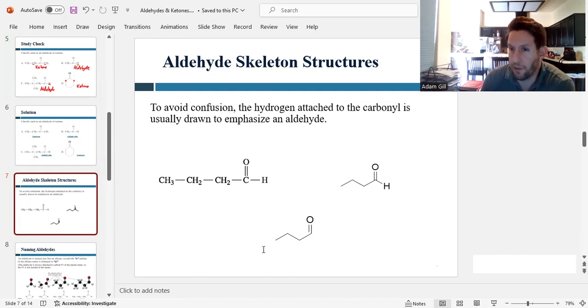This is technically correct because in a skeleton, you don't draw any of the hydrogens that are attached to carbon. So this is totally fine as a skeleton, but most chemists draw the H in just to emphasize that it's an aldehyde. But if you do it this way, totally fine.